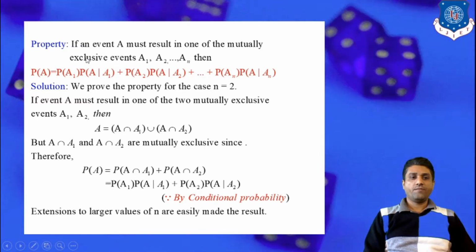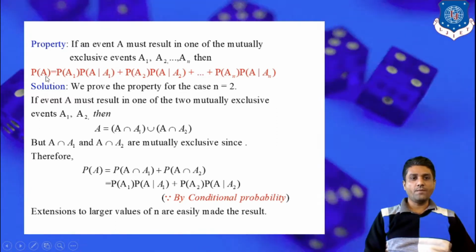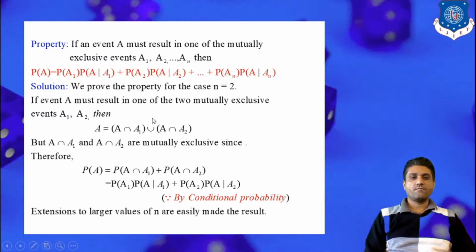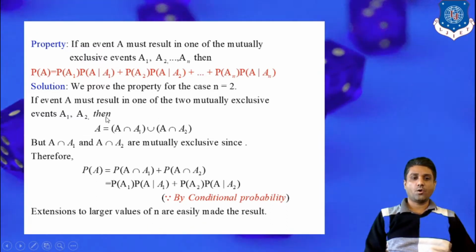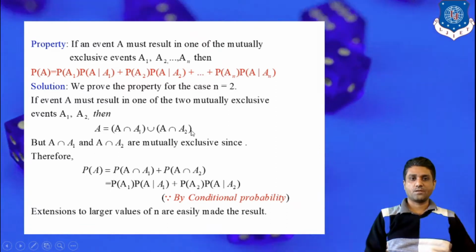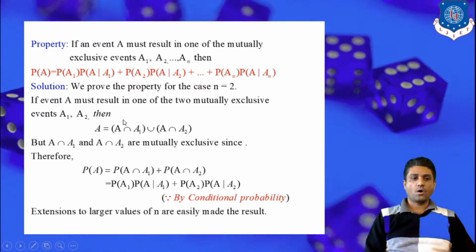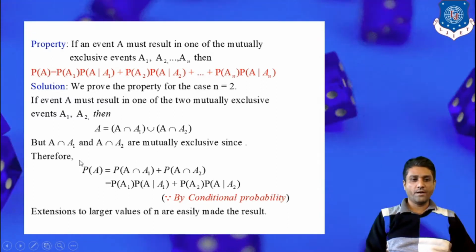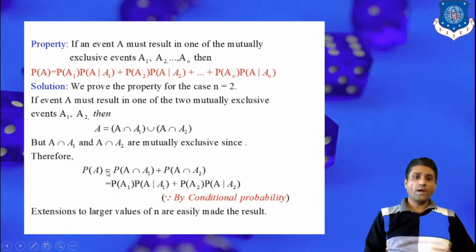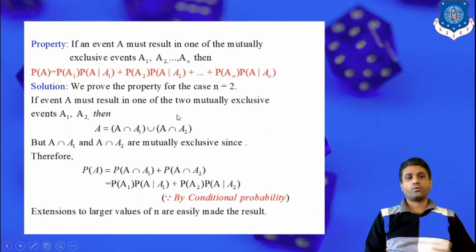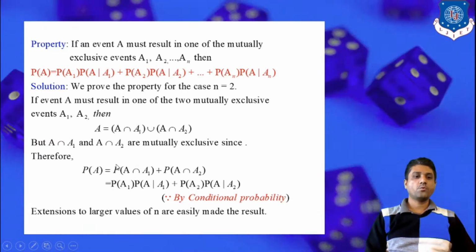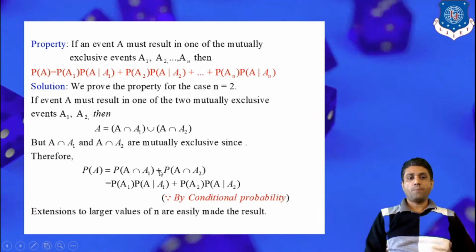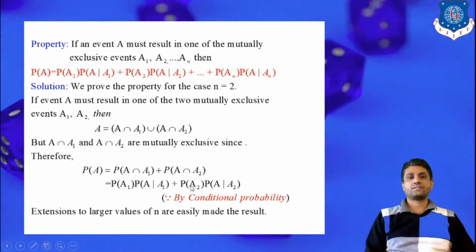We are interested in finding the probability of this particular set A. So our next step is to apply the probability on this expression, on both sides. The left hand side leads to the probability of A. On the right hand side we get the probability of A intersection A1 plus probability of A intersection A2.